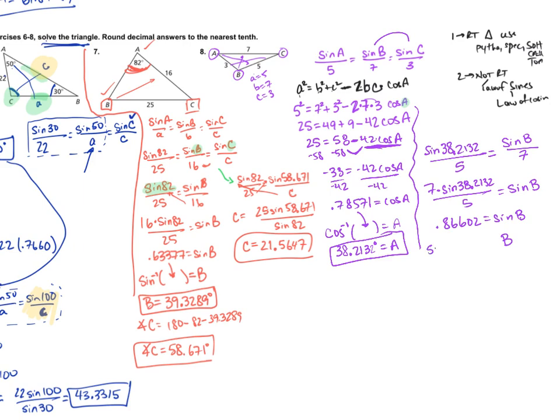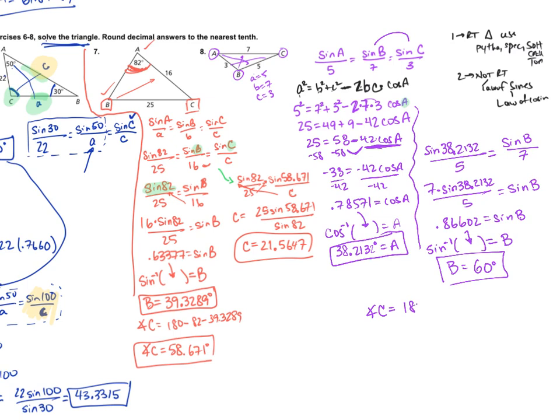To solve for B, I need the inverse sine of this. So B comes out to be inverse sine of that 0.866. That gives me 60 degrees, an even 60 degrees. Well, at this point, I can solve for angle C because I don't need to do anything fancy.